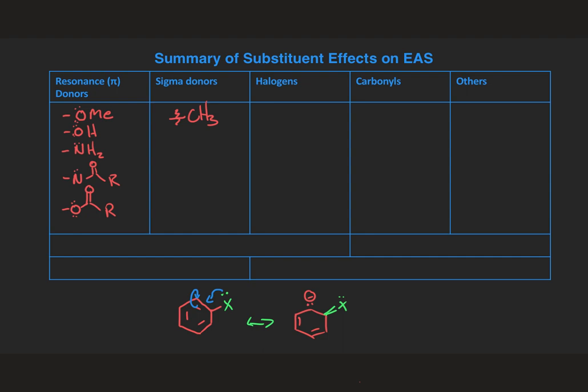Another example of a sigma donor is a phenyl ring. While phenyl rings look like they might have resonance stabilization, the problem is that when you think about a phenyl ring attached to another ring, these rings are not in the same plane.